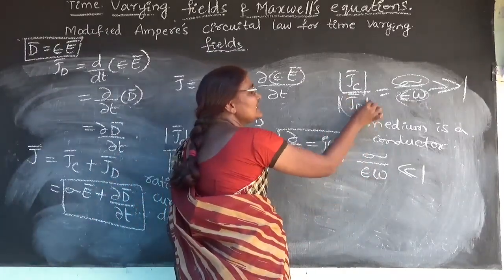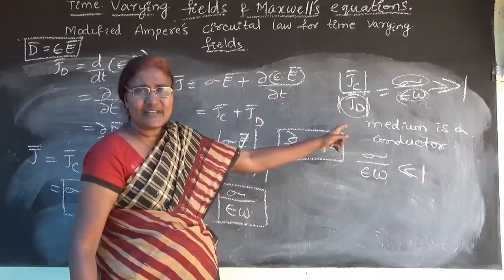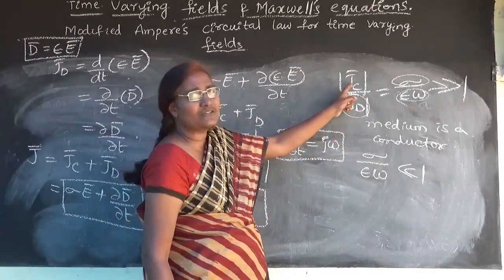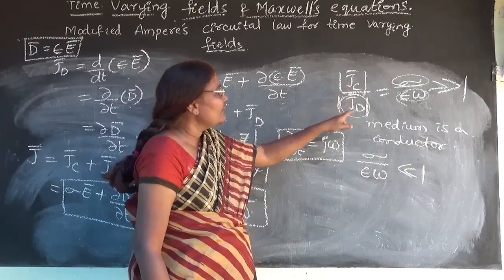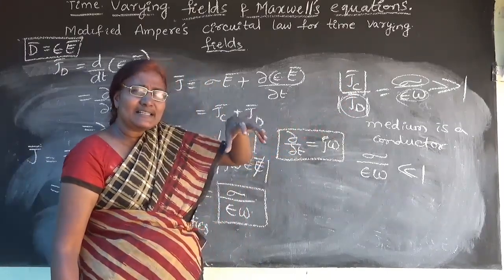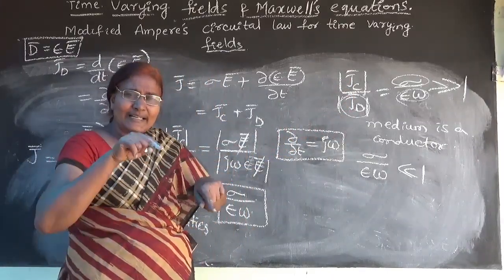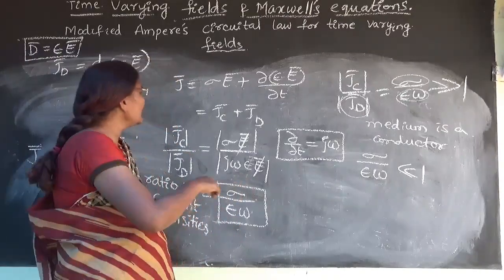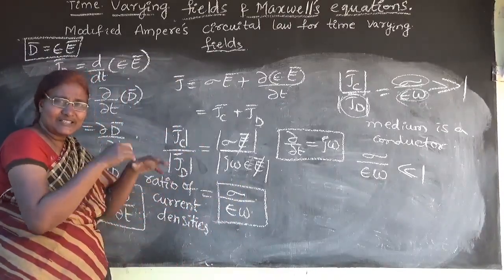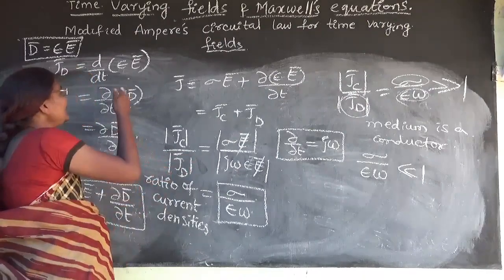That means the displacement current density is very large when compared to the conduction current density. When will this displacement current density occur? When the current is trying to flow through the dielectric.